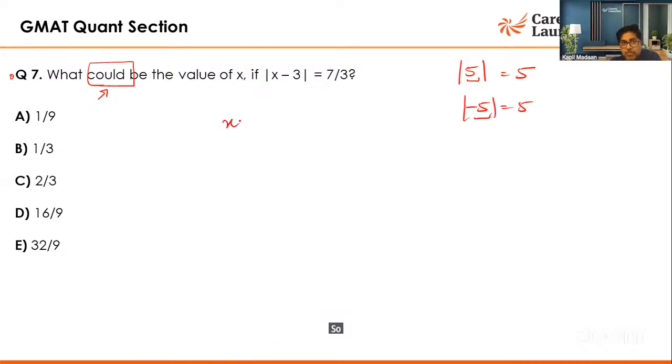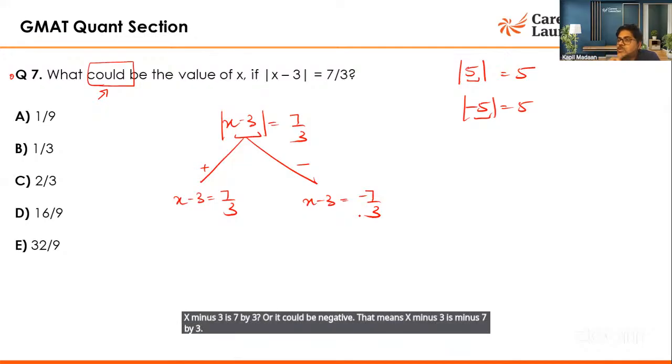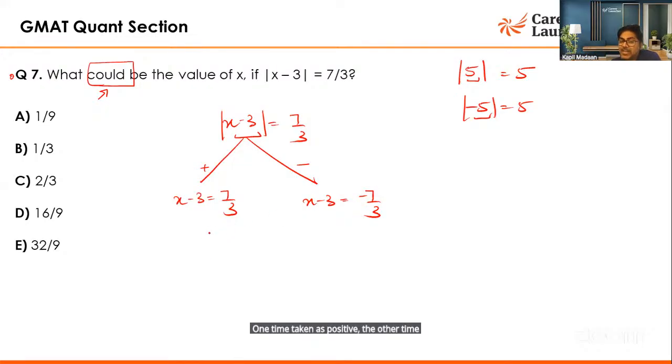So if x minus 3 modulus is equal to 7 by 3, that means inside this modulus, the value can be positive. That means x minus 3 is 7 by 3. Or it could be negative. That means x minus 3 is minus 7 by 3. One time taken as positive, the other time taken as negative. So x is equal to 3 plus 7 by 3.